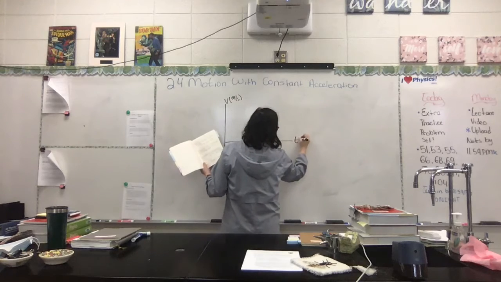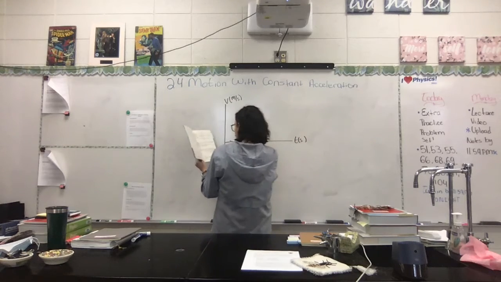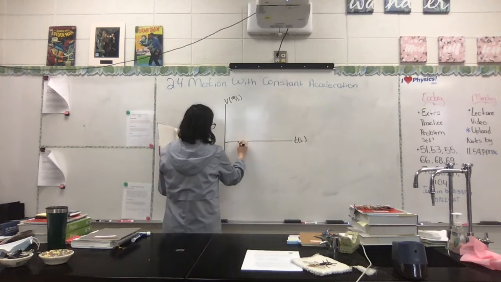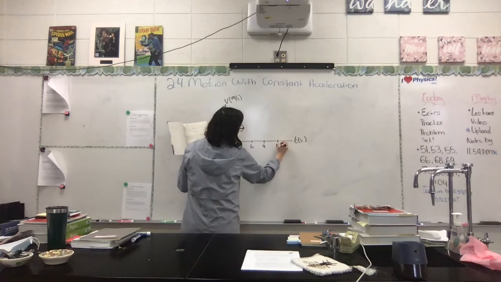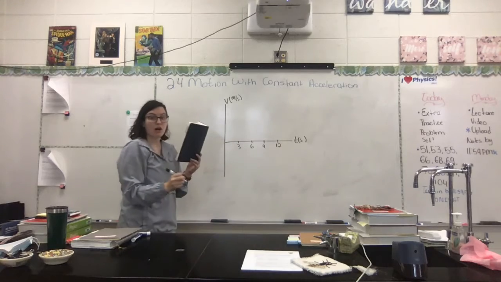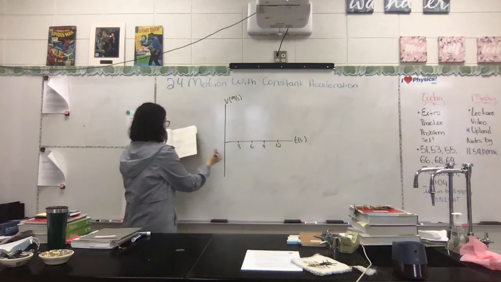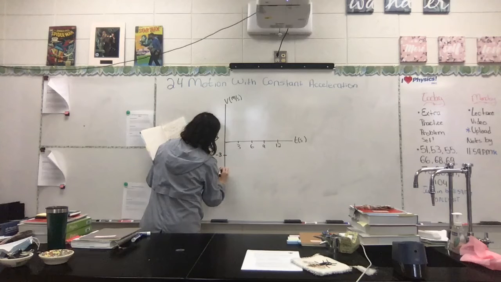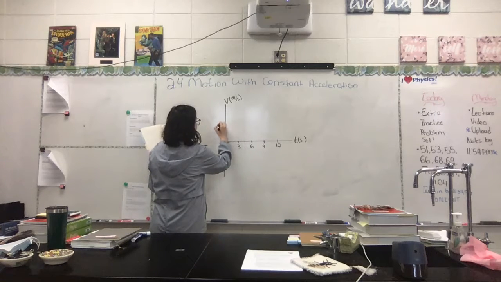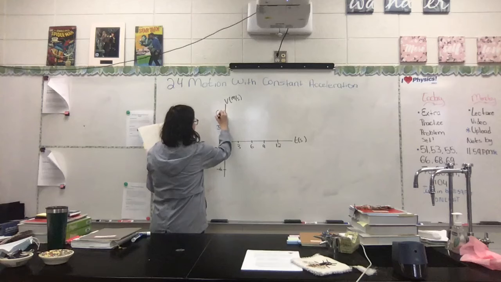So we've got this velocity versus time graph. We're going to go 3, 6, 9, 12 on our time axis, and we're going to go -3, -6, and then this way we'll have 3 and 6.